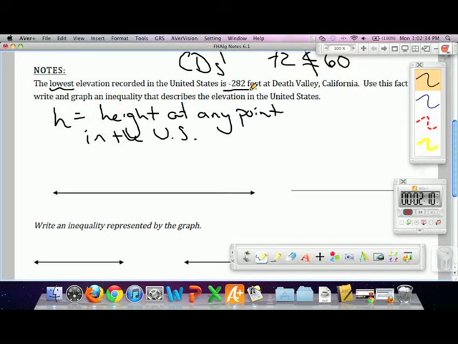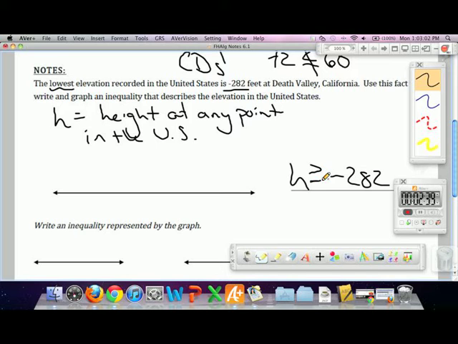How does h always compare to negative 282? Greater than or equal to. Our height is always bigger than or equal to negative 282 feet.